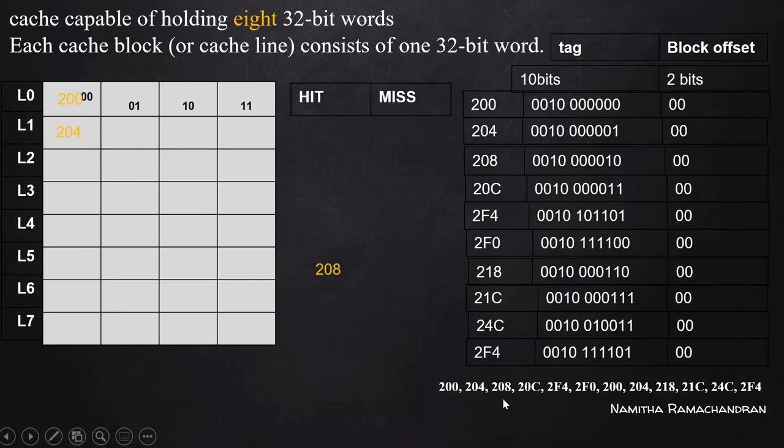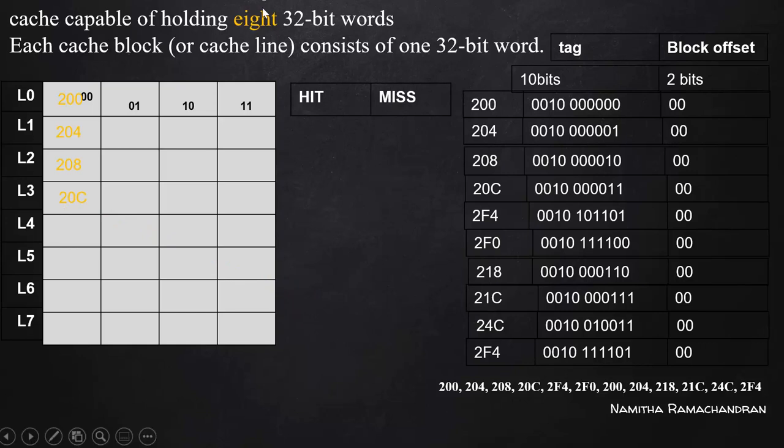Next is 208, which is again not present in the cache, so we place it in the next free line. 203, which is again not present, is placed into the next free cache line, that is L3.